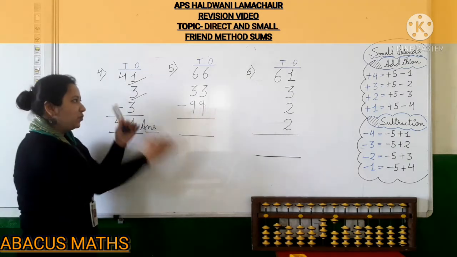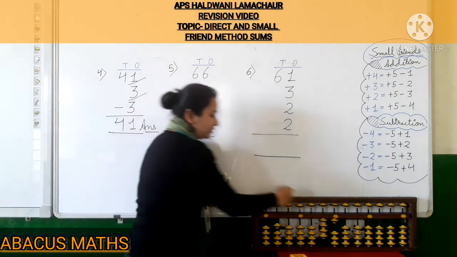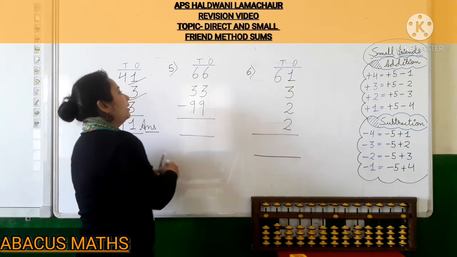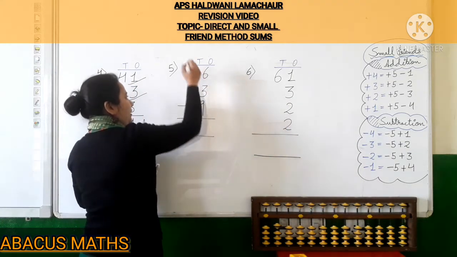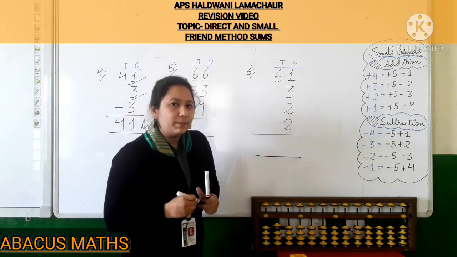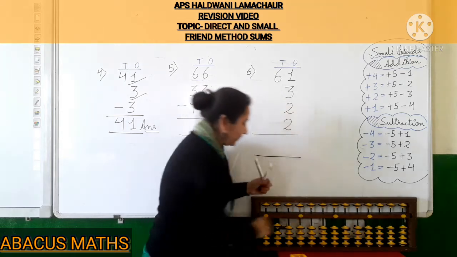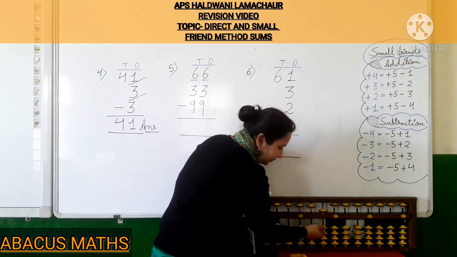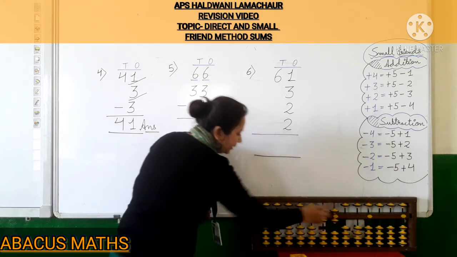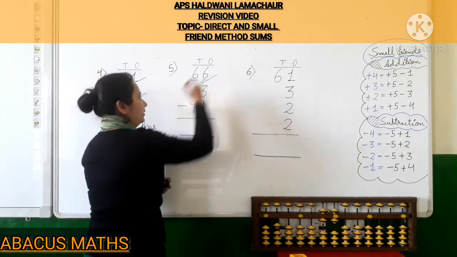Same way kids, let's move to the second sum. Set your abacus, upper beads up, lower beads down. First of all, add 6 in the tens rod and 6 in the ones rod. For 6 you have to take the help of 5. Now see, 5, 6, 5, 6. 66 we have done.